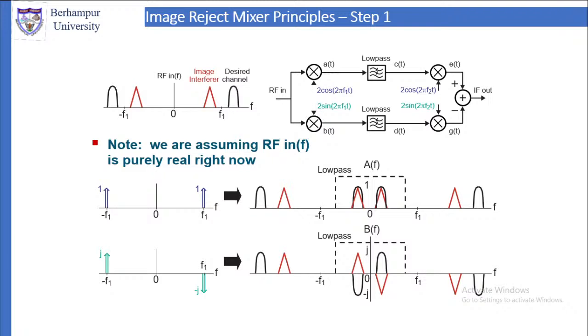This gives you the figure that we saw on the bottom right hand side. So the image on the negative side is on the top, the image on the positive side is on the bottom. Then the desired signal on the negative side is on the bottom, the desired signal on the positive side is on the top. Others are filtered out using the low pass filter.